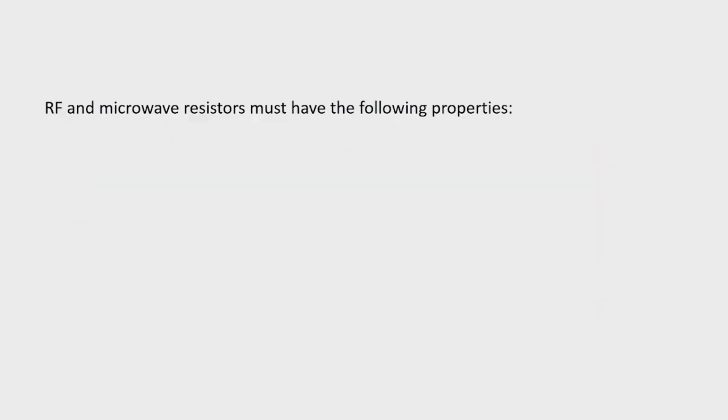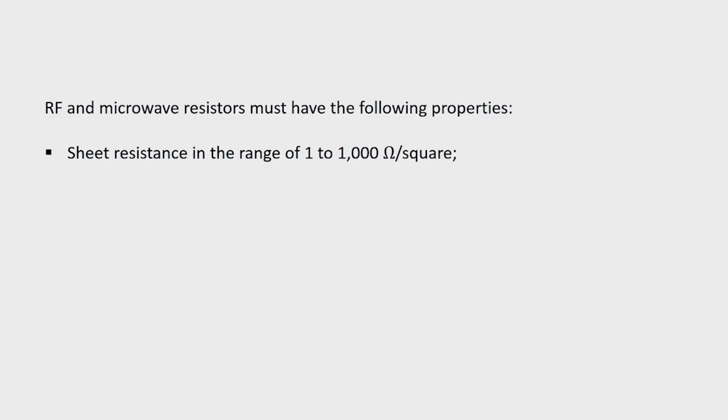Now, we discuss some of the desirable properties of RF and microwave resistors. Sheet resistance in the range of 1 to 1000 ohm per square, low temperature coefficient of resistance, as already mentioned, that a resistor will dissipate power, and in that process it will get heated up.